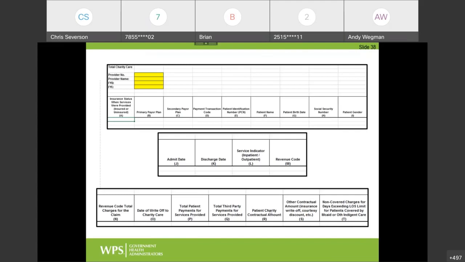It could be here. The only odd thing I'll mention is that T is really already part of R. It was already charity care, assuming it was approved for charity care. So this T is almost like an extra informational piece. It's basically how much of R related to this one situation.